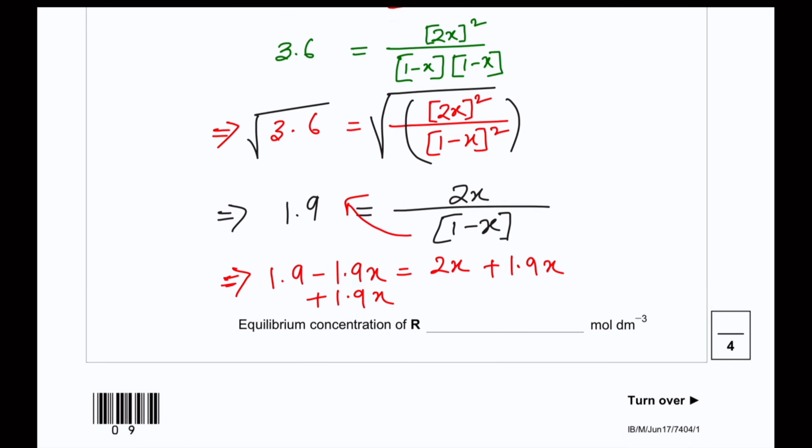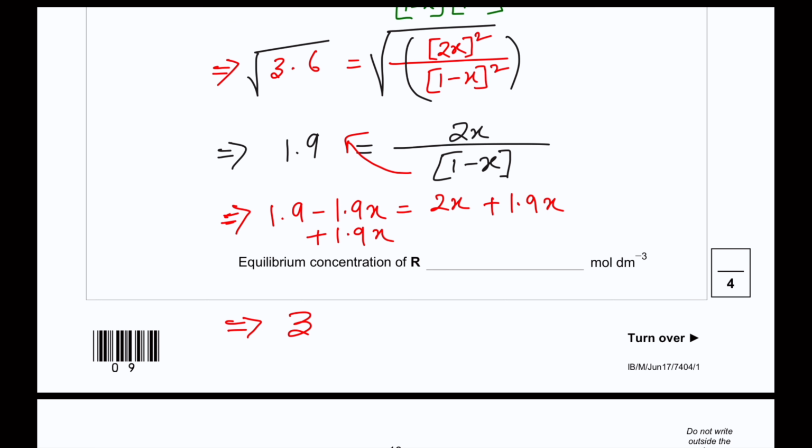This leaves us with 3.9x on one side, and on the other side, we will have this cancelled out. So it will become 3.9x is equal to 1.9, which will give us a value x equals 1.9 over 3.9 equals 0.49.